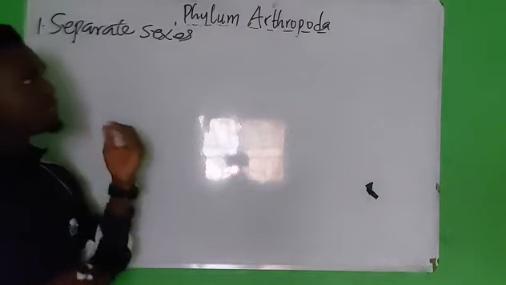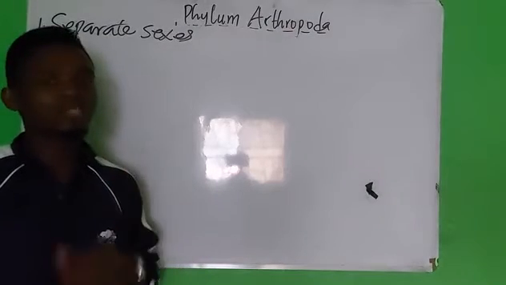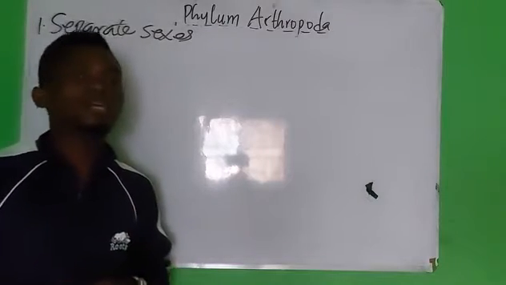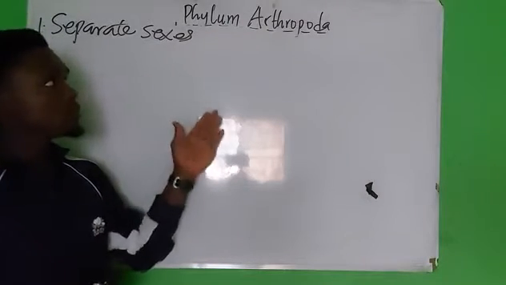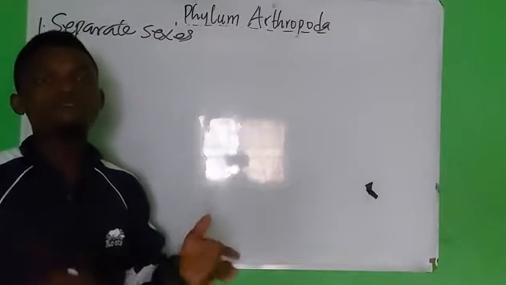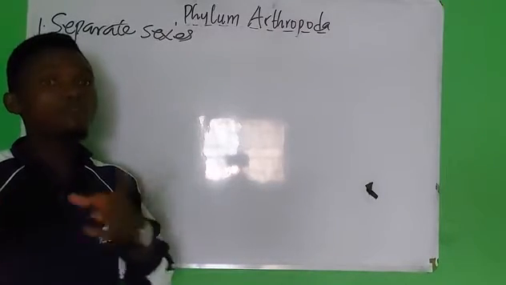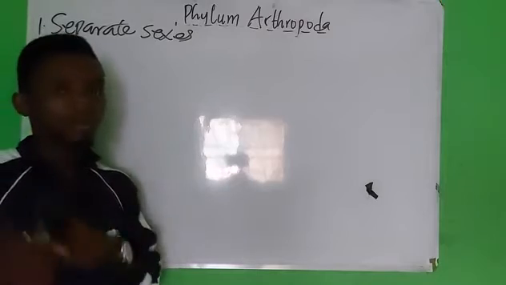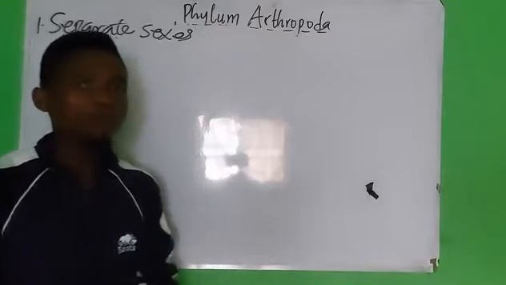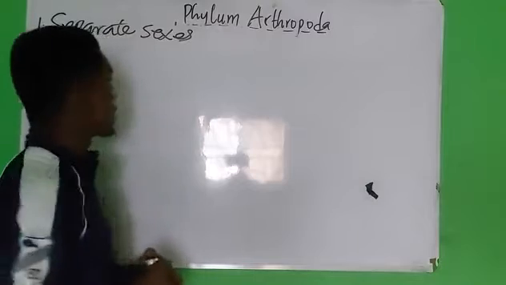Please take note that in Phylum Arthropoda, the organisms possess internal fertilization, okay? Some of the species could be oviparous or ovoviviparous. They are never viviparous, please. Take note of that.